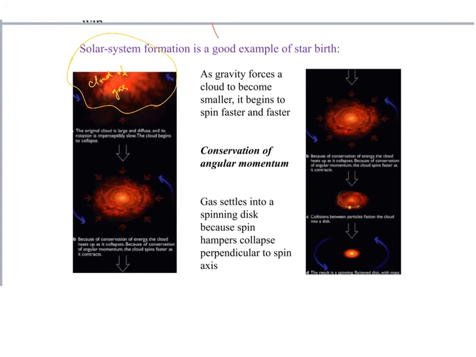It depends also on what forces act on it from nearby. If there are strong winds from a supernova or some other things, it's going to deform it, make some holes in it. But anyway, that original cloud is large and diffuse, and its rotation is imperceptibly slow. There could be some rotation, but it's not much to write home about.